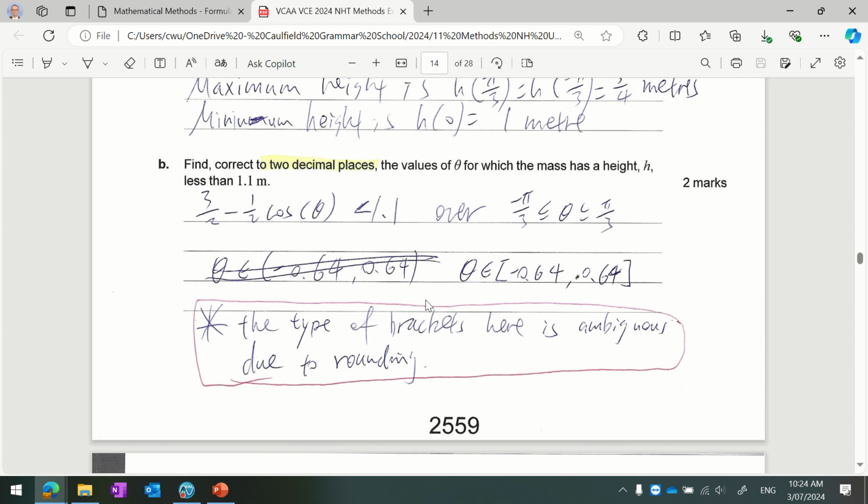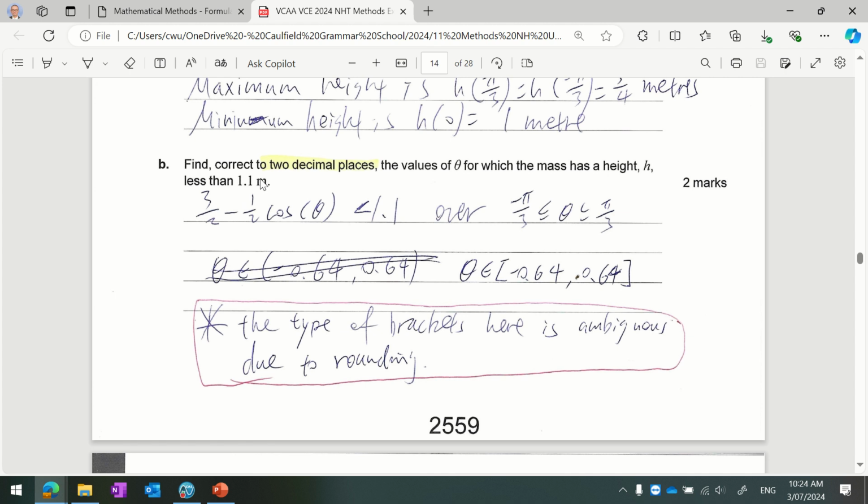I'm not sure what the writer of the question intended the answer to be. If we follow the question strictly, it says less than 1.1, which means it's not less than or equal to. So the sign we put next to it is a strict inequality, not inclusive.